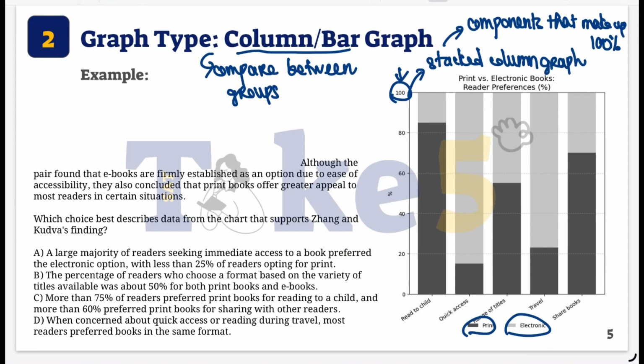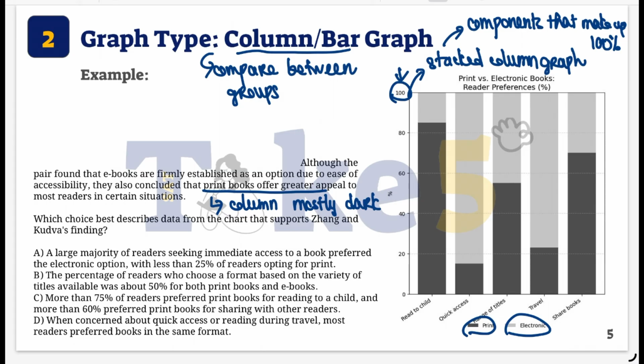Since we are looking for evidence to support that most readers prefer print books to ebooks, we need to find in the graph how this information is reflected. In our guess, it should be in a specific situation that shows the column ratio mostly in darker shade, reflecting the majority of readers of the genre who prefer print books.